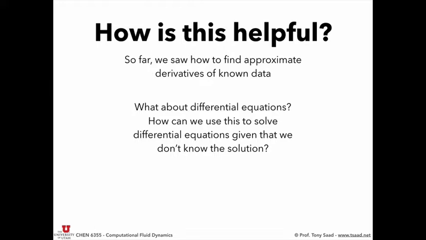So how can we apply this concept of discrete derivatives to differential equations? Pretty simple. Essentially, you just take these approximations that we just derived and plug them in and see what happens. And you'll end up with a system of equations to solve for those unknowns. So here's a systematic way of thinking about this.